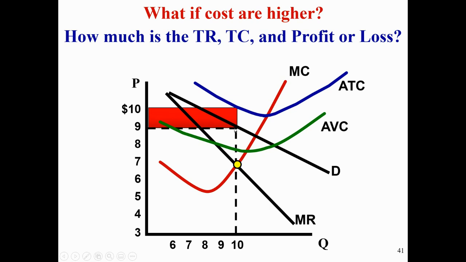But on my demand, people are willing to pay 9 for each of the products, which means I am getting $90, $9 times 10 products. But my total cost is $10 by 10 products, 100, which means that my total revenue is 90, my total cost is 100. I'm having a loss of $10. Okay?